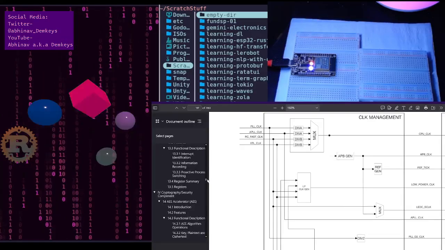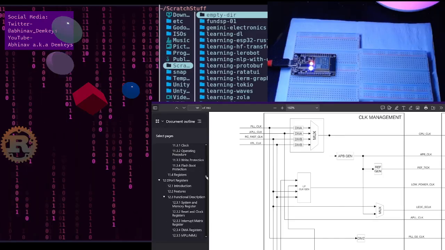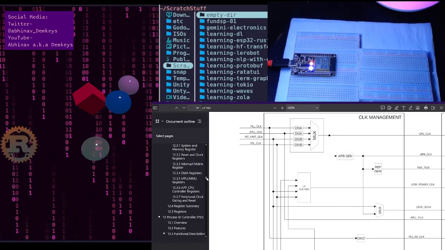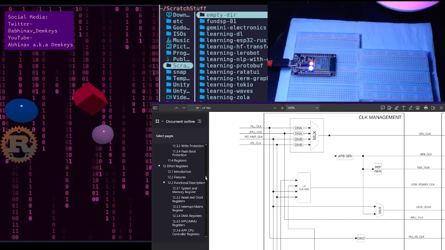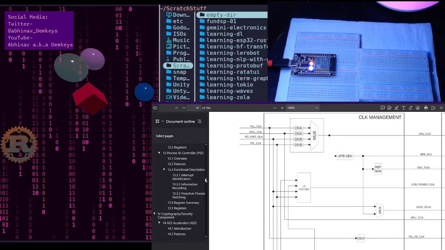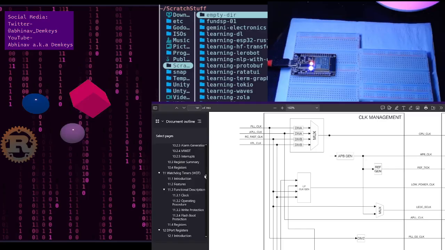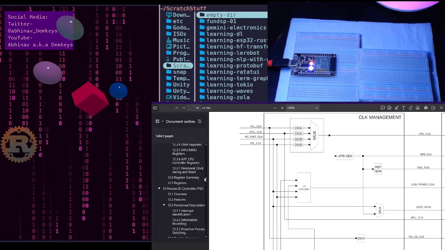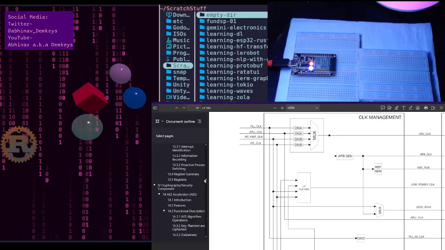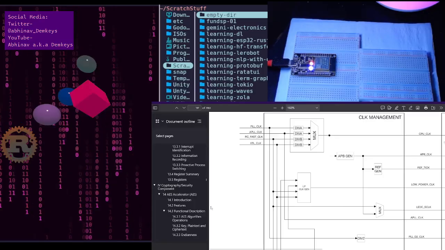All right, so we are supposed to go to 13, which is process ID controller. Is that right? Chapter 13, process ID controller. No, I think Gemini is mistaken here.